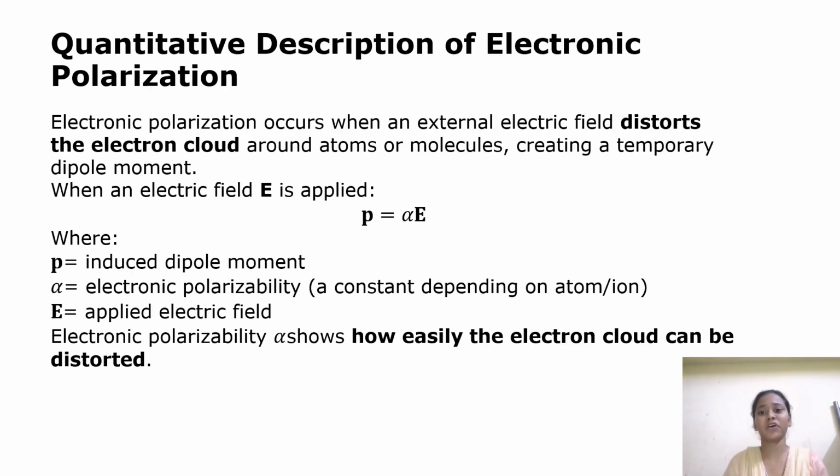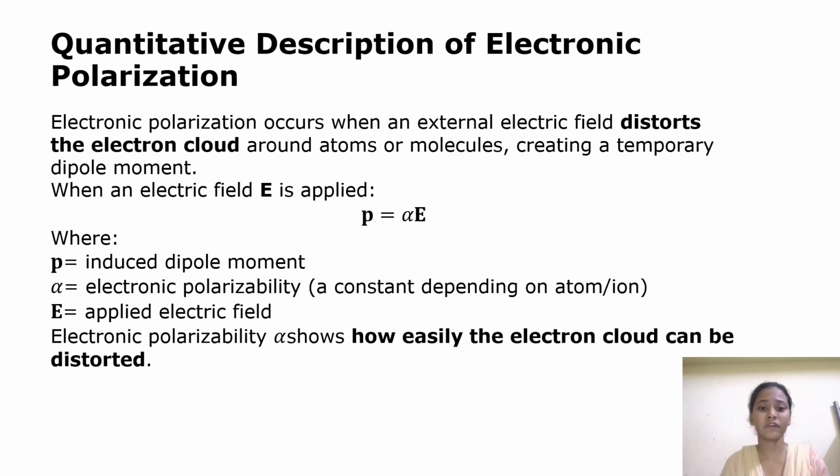Quantitative description of electronic polarization. Electronic polarization occurs when an external electric field disturbs the electron cloud around an atom or molecule, creating a temporary dipole moment.